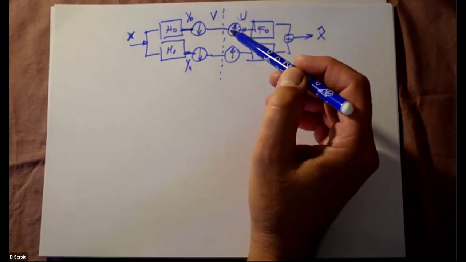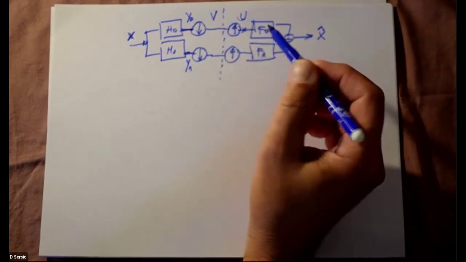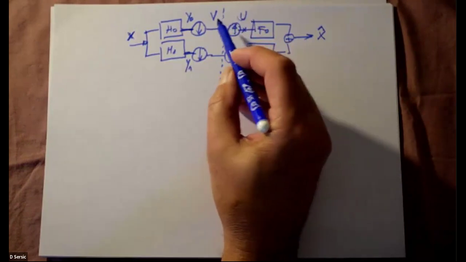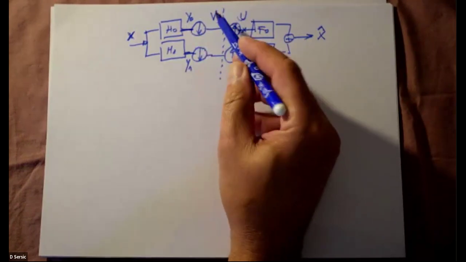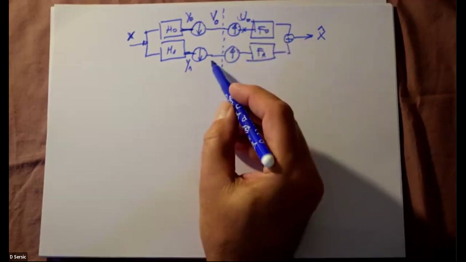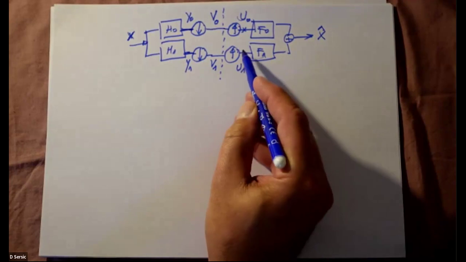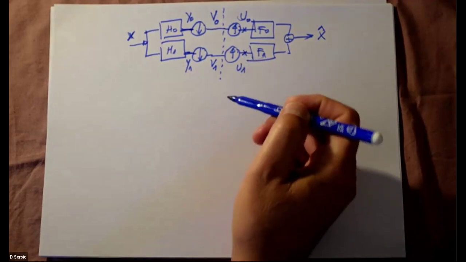It was kind of weird because it had that square root, and it is not so nice. To distinguish the upper one from the lower one, I'm going to add 0 here, and V1 and U1 will be here.